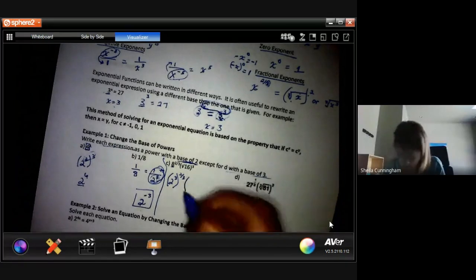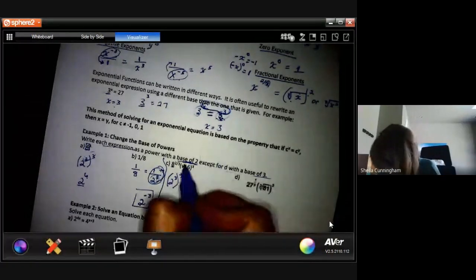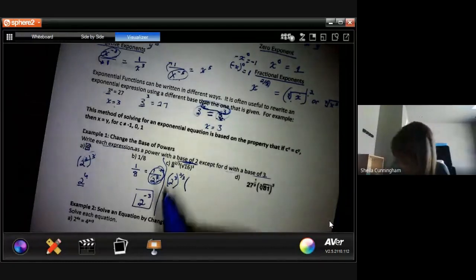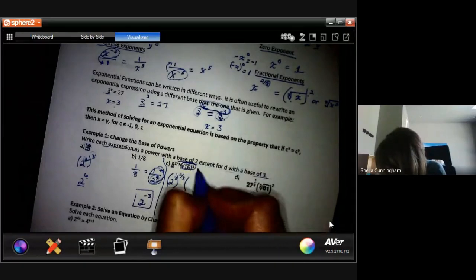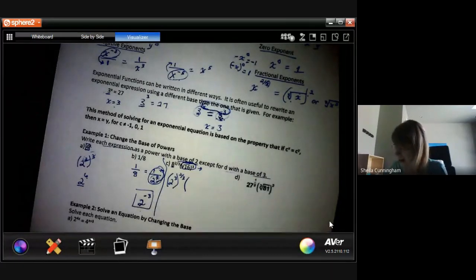Then in the second bracket, let's look at what we've got going on. Okay, so really, I've got the square root of 16. Let's write this piece, the square root of 16, with a base and a power.